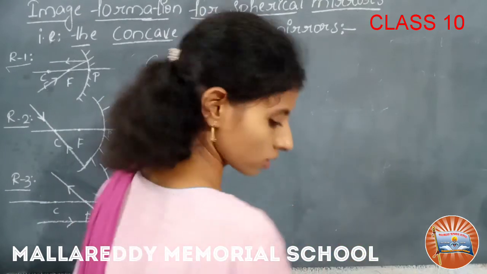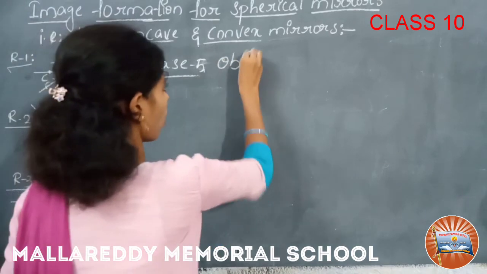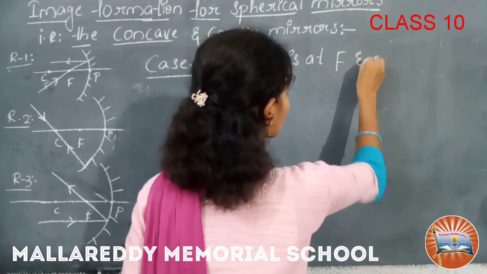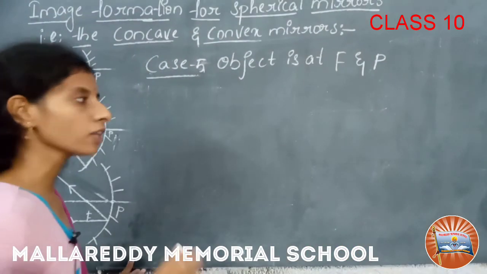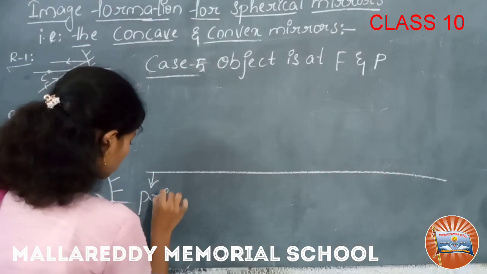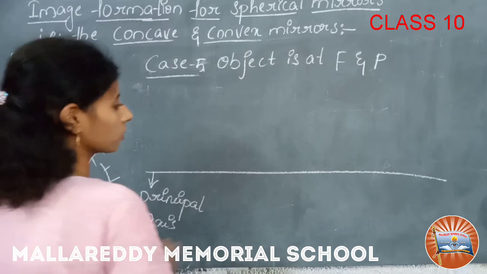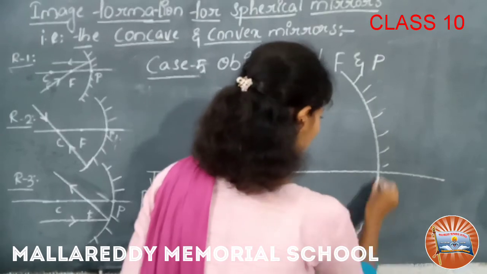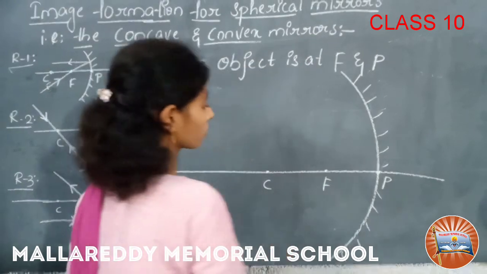Now the final one. Now see the final case 5, that means when the object is between principal focus and pole. Take the principal axis, now pole, principal focus and center of curvature.